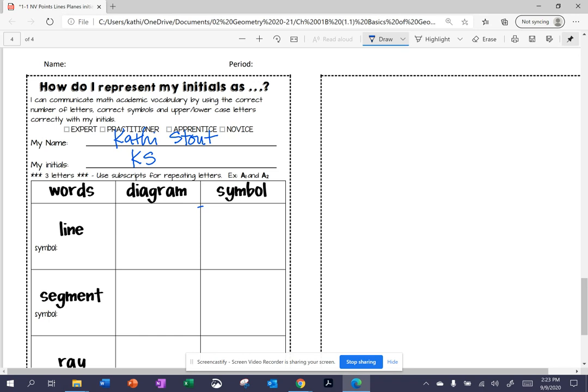If you have two of the same initials, if your name is Bob Brown, so you have the same initial for your first name and your last name, you're going to have to use subscripts so I know which one you're talking about. If you have two different initials, you don't have to use subscripts. I want you to describe the symbol, and with your name, draw a line with your initials. Here's a line.